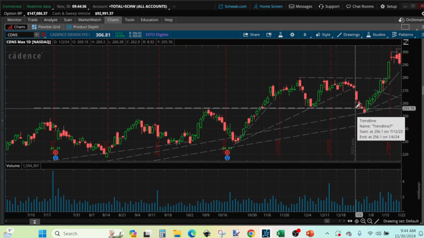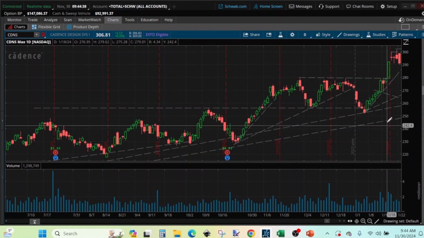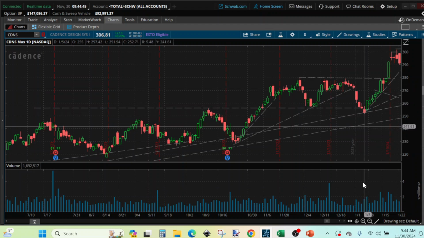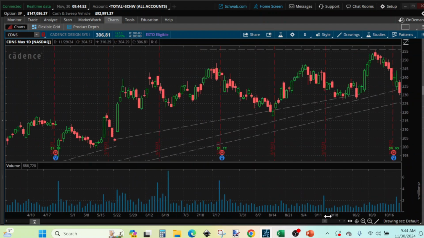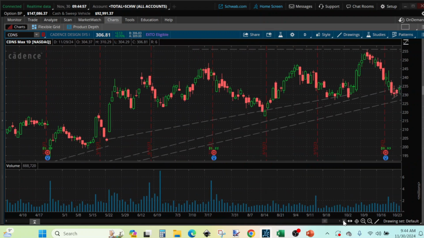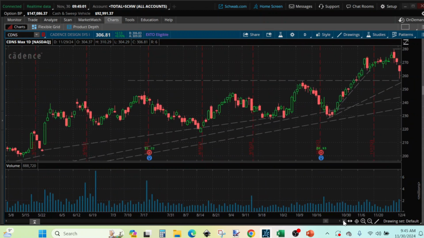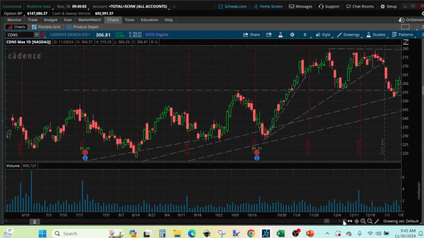So the first, okay, January 1st 2024 we have a pullback. Good. So let's see, just bar by bar we'll go to the first. Okay, so it was pulling back, and you'll wait.